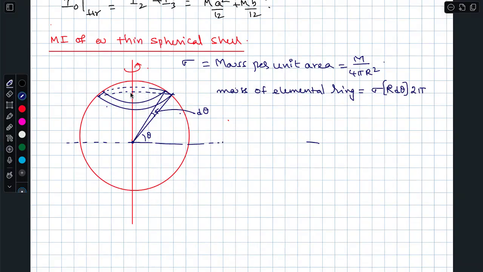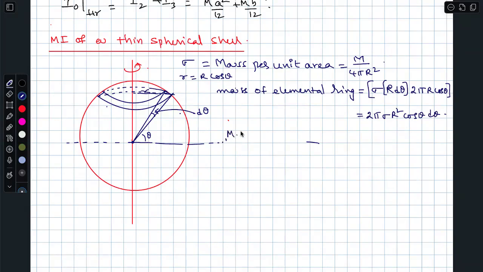What is the radius of this part? Here small r is r cos theta. So 2 pi sigma r square cos theta d theta. That is the mass of the element.